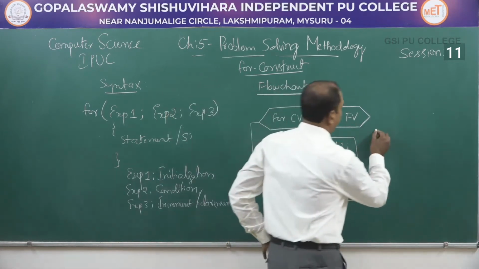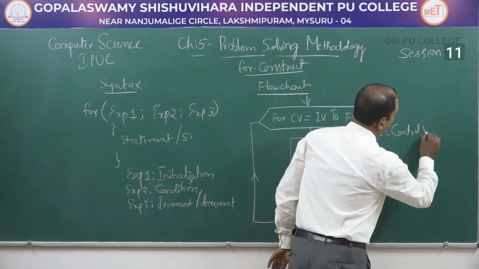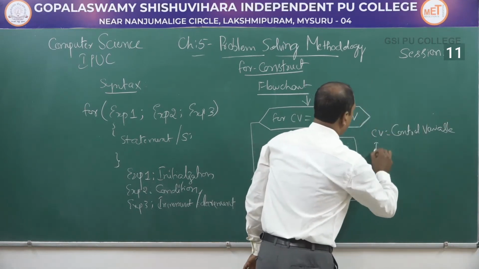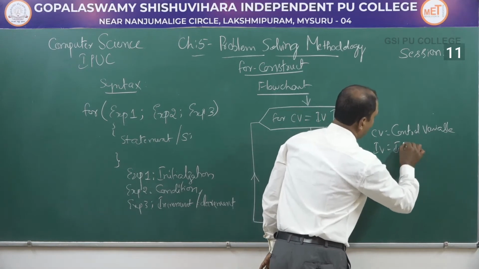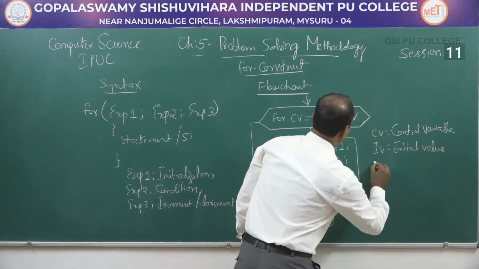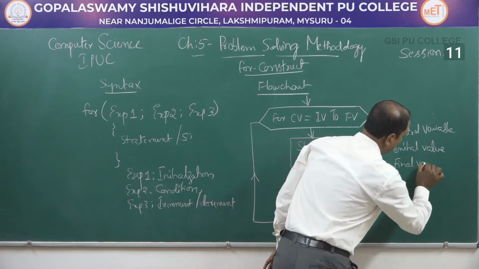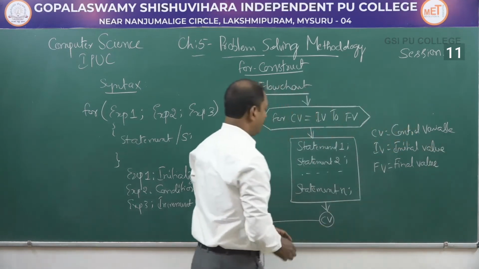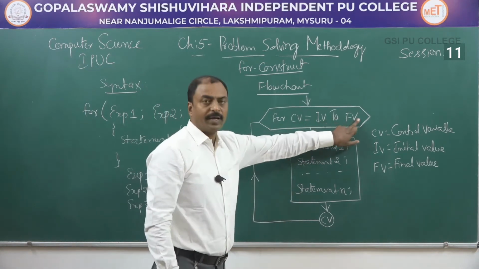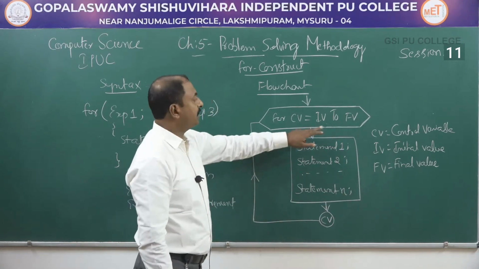Here CV stands for control value or control variable, IV is initial value and FE stands for final value, and from initial value to final value the set of statements will be repeated as long as the condition is true.